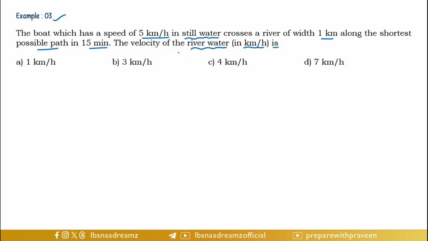So we need to find the velocity of the river water, that is the speed of the river water. So first we need to know the boat which can travel at the speed of 5 km per hour in still water. It is crossing a river of width 1 kilometer.